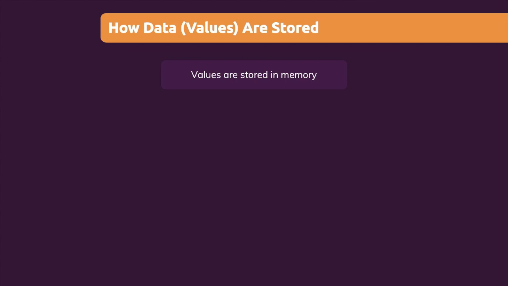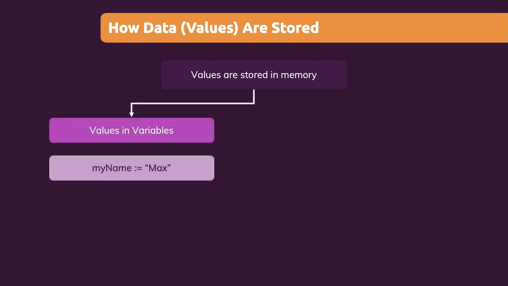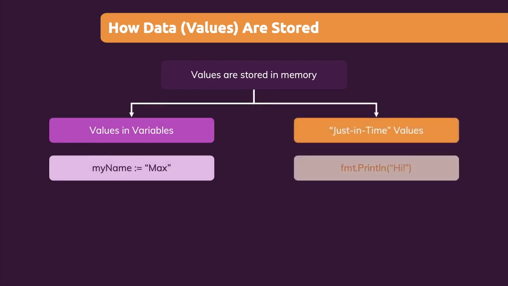And that's true both for values which we store in variables as well as values which we only use once. So for example, if we create a string in the println function call and we don't store that string in any variable. We only use it once, but still, this is a value, this string is a value, and it is being stored in memory therefore.